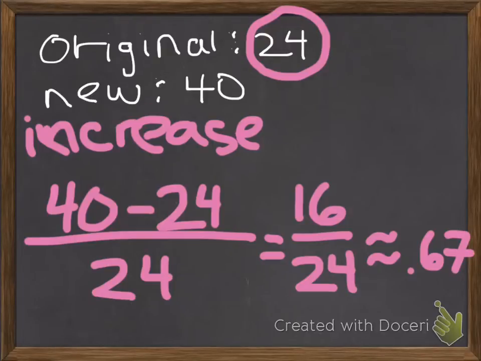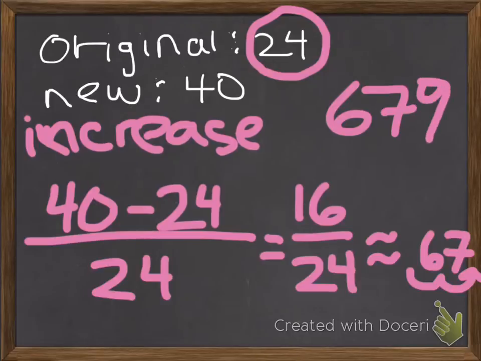And if I have 0.67 as my decimal, I need to change my decimal to a percent by moving the decimal point over 2 spots to the right. And this would be then a 67% increase. And that would be your answer.